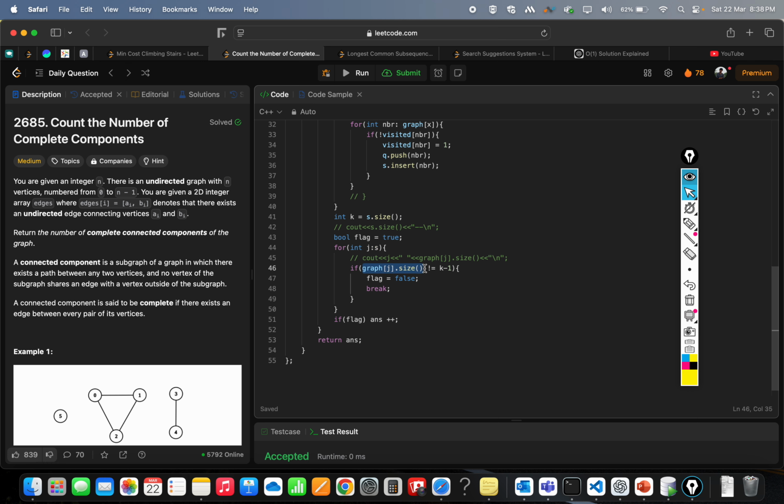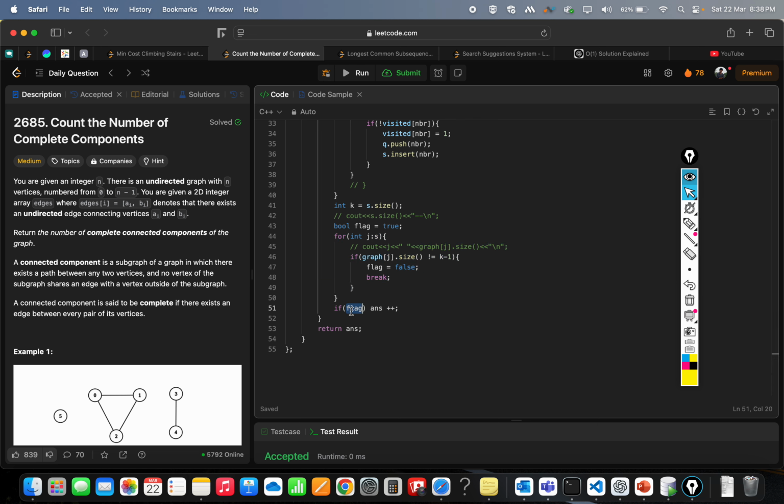If the number of neighbors of that node is not equal to k minus 1, where k is the size of the set, the number of nodes inside the component, that means the graph is not fully connected. So we make the flag false and break the loop.